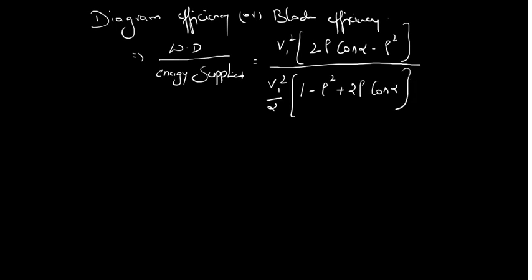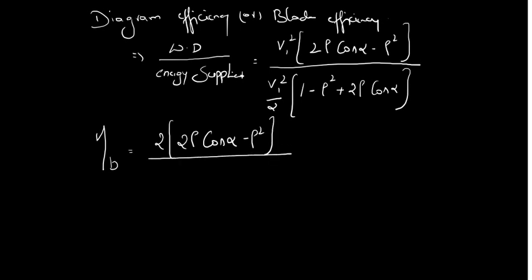Can I cancel out V1 square, V1 square? Yes. Blade efficiency equals 2 times 2 rho cos alpha minus rho square, divided by 1 minus rho square plus 2 rho cos alpha.